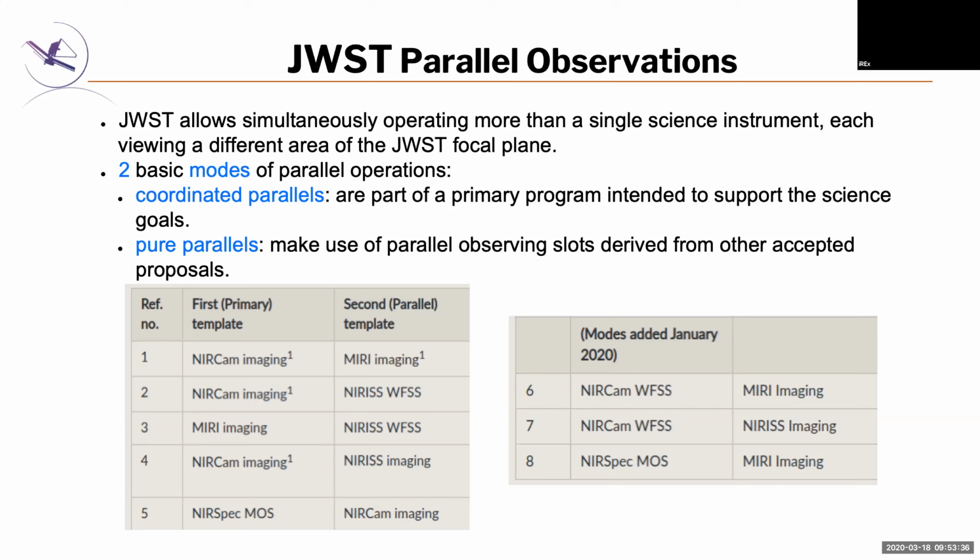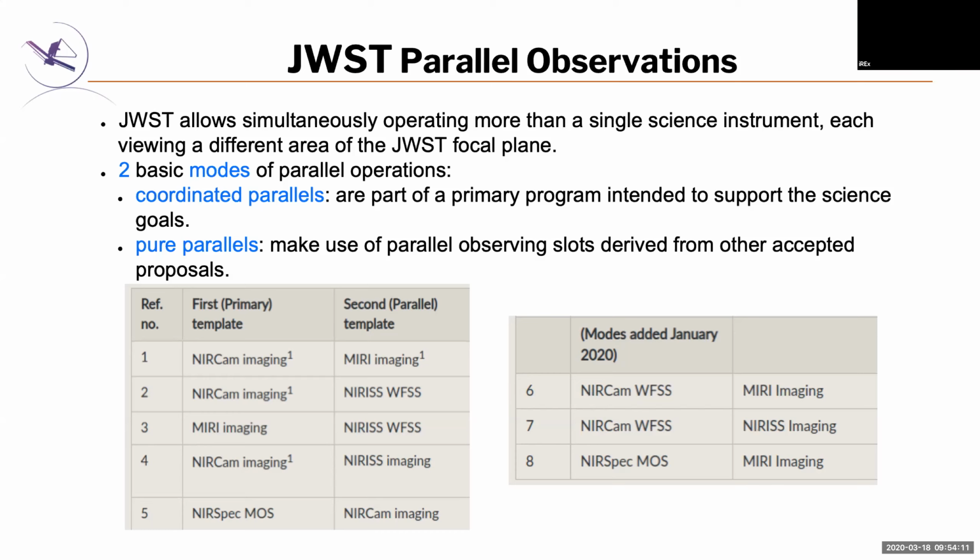Those are programs where the PI would have only used one instrument, and you as a proposer can ask for another instrument to piggyback on that program and use other instruments at the same time. Of course, there are many constraints when you use pure parallels, but know that it's a thing that you can use. You have here the tables of possible instrument combinations.